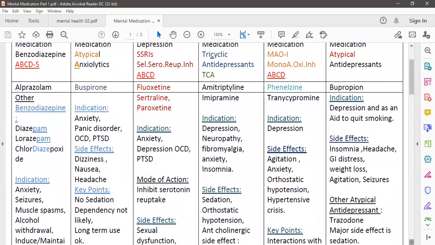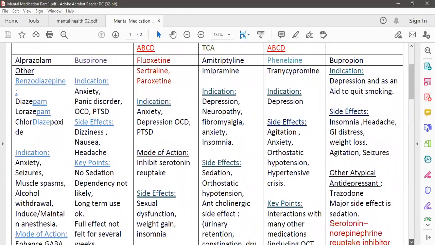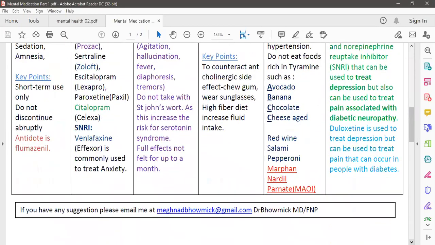Now I'm going to explain the key points about benzodiazepines or alprazolam for the NCLEX. The key note for the NCLEX board exam: benzodiazepines are only for short-term use, right? Do not discontinue abruptly, right? They are very addictive.